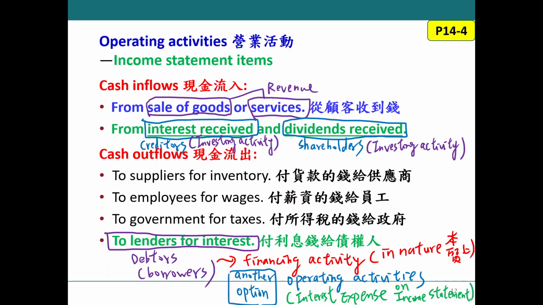So in nature, when you pay the interest to the bank, to the creditors, we are doing financing. But since we could find the related item, interest expense, on the income statement, we'll give you another option. You could put it into operating activity, it's okay.